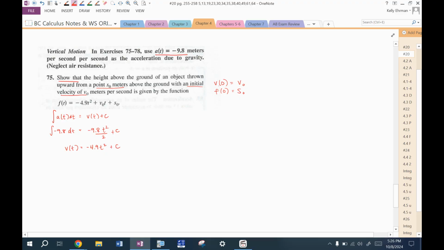And remember, we said v of 0 is equal to v sub 0. So v sub 0 is the velocity when I put in 0 for t. In other words, that constant, that plus c, it's v sub 0. So the v of t equation is negative 9.8 t plus whatever the initial velocity was.